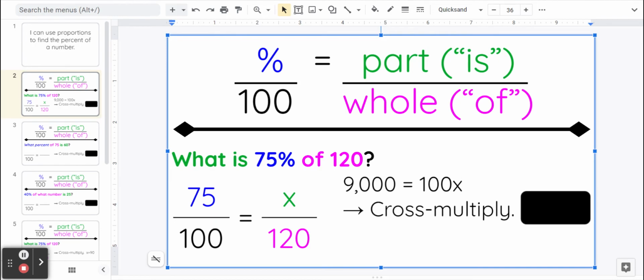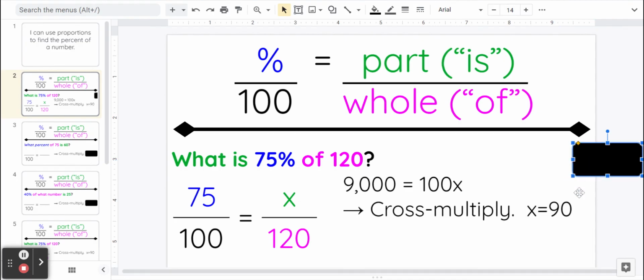So to get x by itself, we could divide by 100 on both sides. And when we do 9,000 divided by 100, we will get 90. So that means 90 is 75% of 120. And think to yourself, does that make sense? Yes, because it's more than half, and it is less than 120.